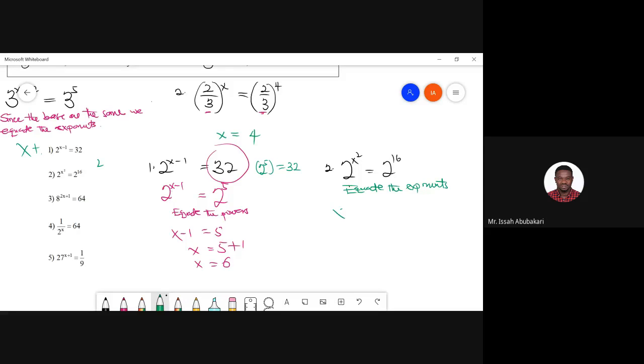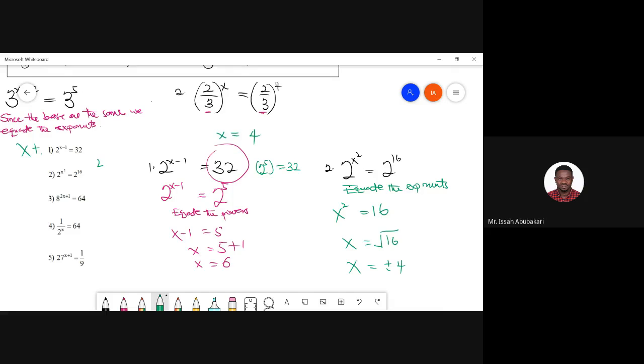So we are going to have x squared is equal to 16. I know the moment you make the base the same, or the exponent the same, then you should be able to solve the rest of the question. And we take the square root of both sides. So x is equal to square root of 16, and x is equal to plus or minus 4. Please, is that okay?